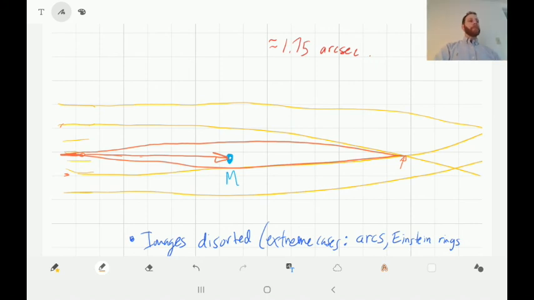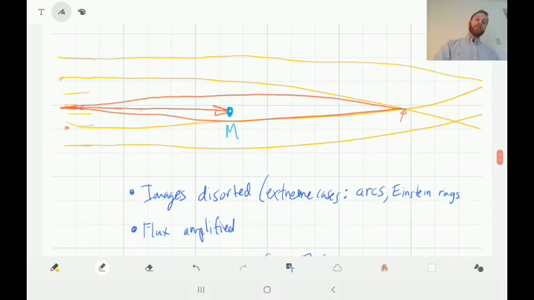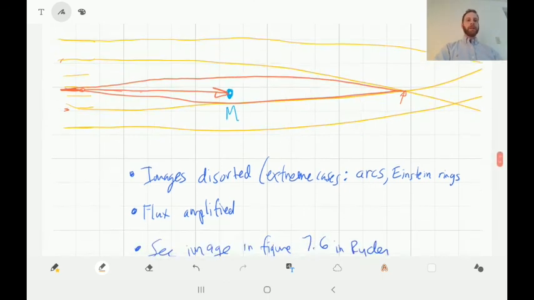Since you're getting more light than you otherwise would in the absence of this mass, you'll get an amplification of flux. Depending on where the lensing object is, you are getting more photons per unit time than you otherwise would. This is useful for making observational constraints on actual candidates for dark matter. We'll get into that in a bit.